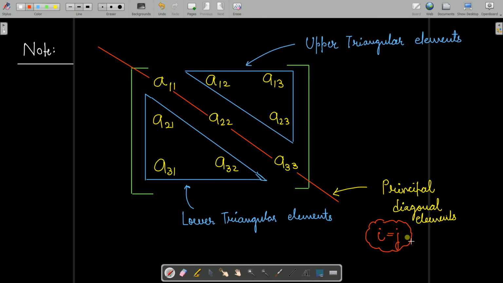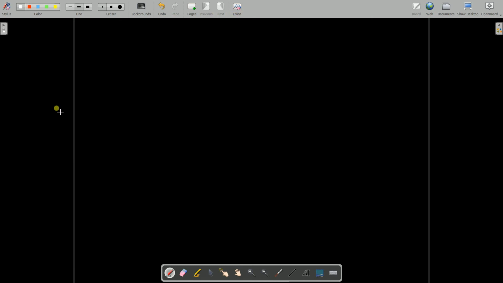So i equals j. But here i is less than j: 1 is less than 2, 1 is less than 3, 2 is less than 3. Now for the lower triangular elements, i is greater than j: 2 is greater than 1, 3 is greater than 1, 3 is greater than 2. Clear? These are some important things that you should keep in mind.